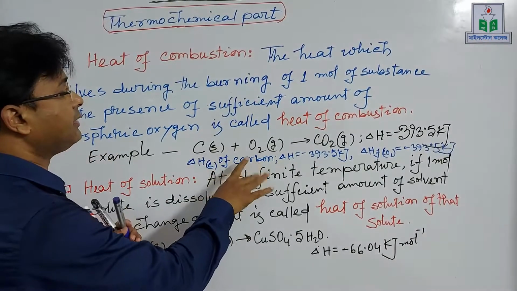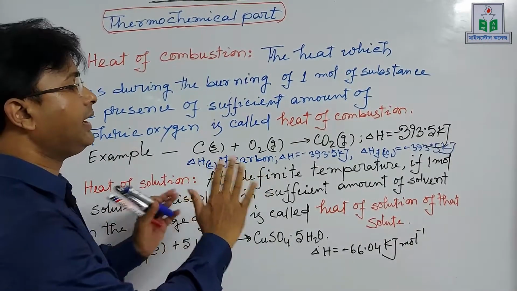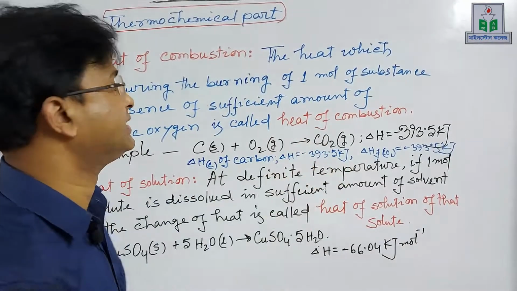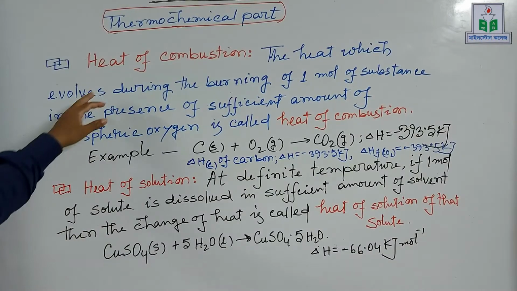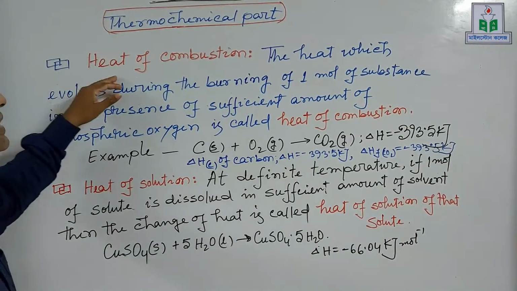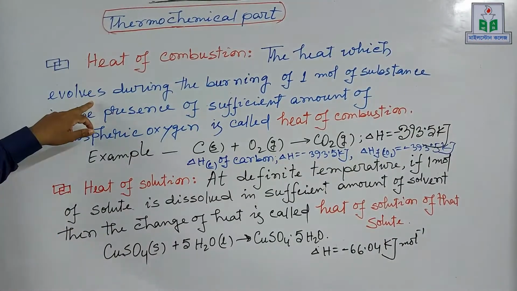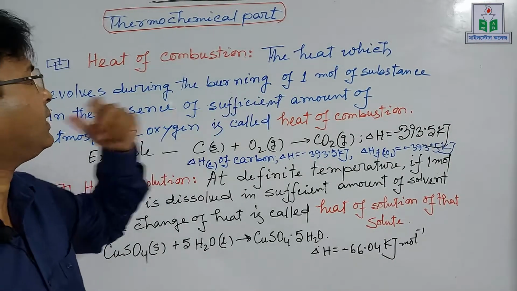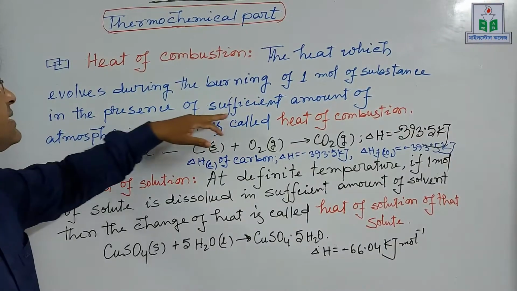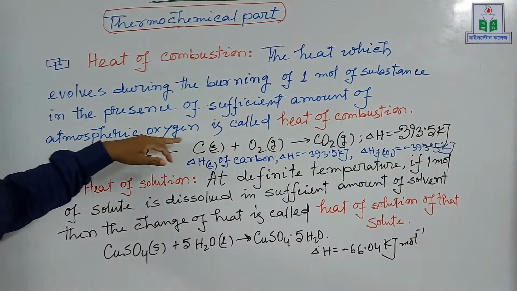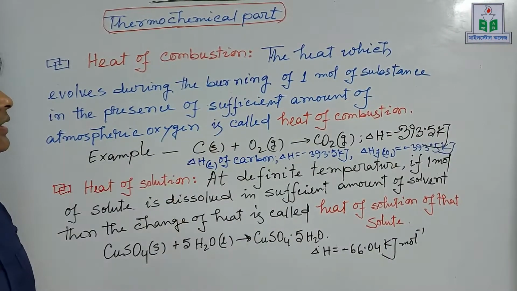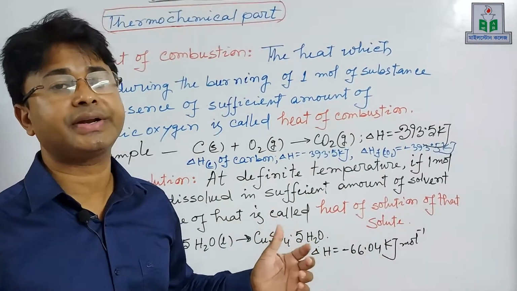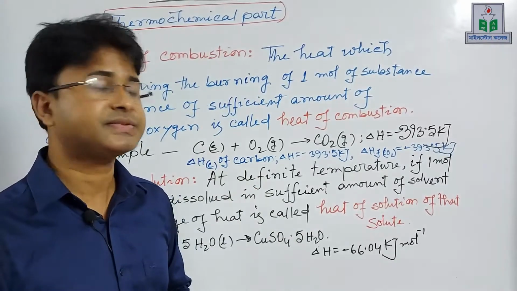That's why the heat of combustion of carbon and the heat of formation of carbon dioxide are the same as each other. However, the definition is the heat which evolves during the burning of 1 mole of a substance in the presence of a sufficient amount of atmospheric oxygen is called heat of combustion of that substance. My dear students, heat of combustion is also calculated in case of 1 mole of substance.